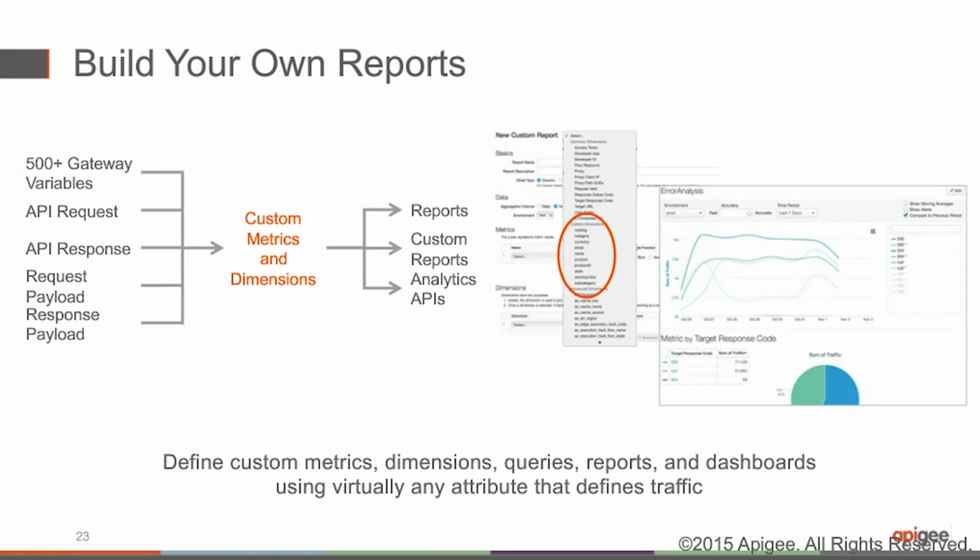And so within the analytics platform, within Edge, we allow you to create your own custom reports that allow you to select any of the 20 metrics that we provide and slice them across any of the 100 out-of-the-box dimensions. So for example, if you wanted to measure the traffic for a particular app that belonged to a specific developer and look at where that traffic is coming from, you can create a custom report and visually within the system generate a chart and track that over time.